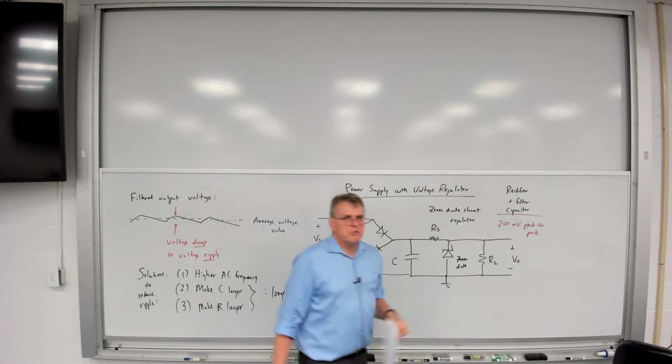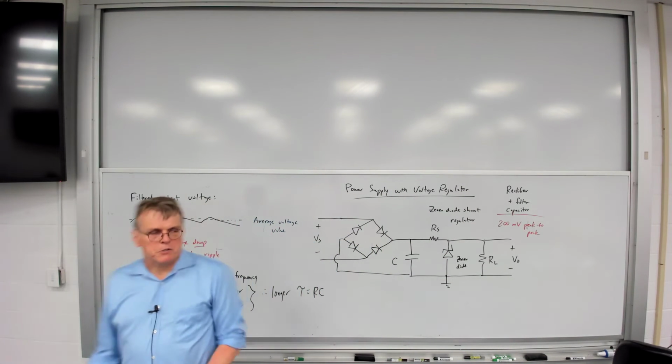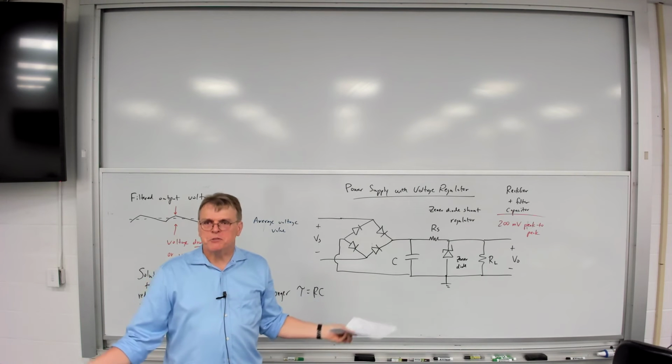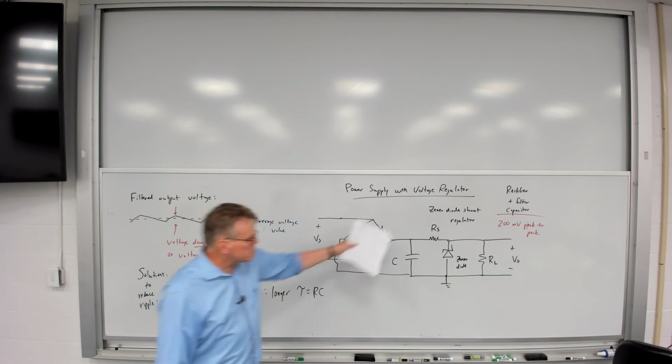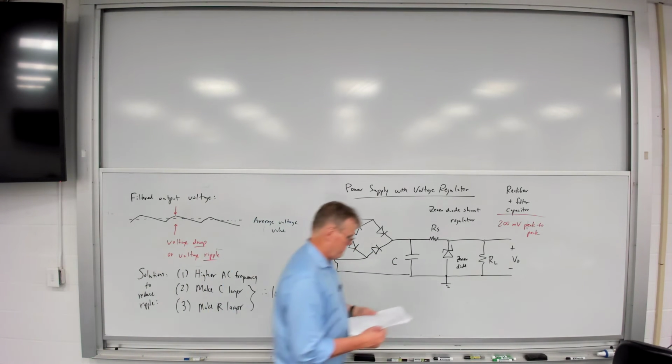Now, that's just with the rectifier and the filter capacitor. Now I could reduce that by making the capacitor bigger, but instead, let's run it through a Zener shunt regulator.